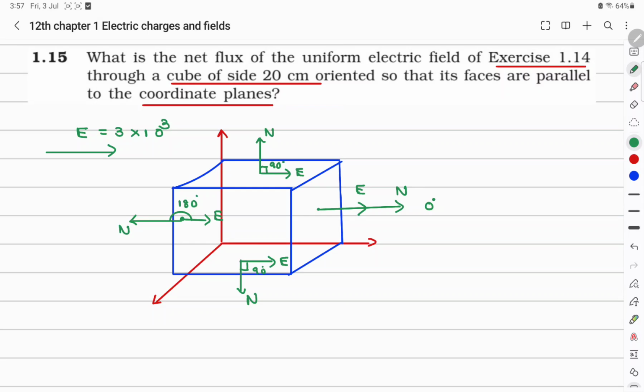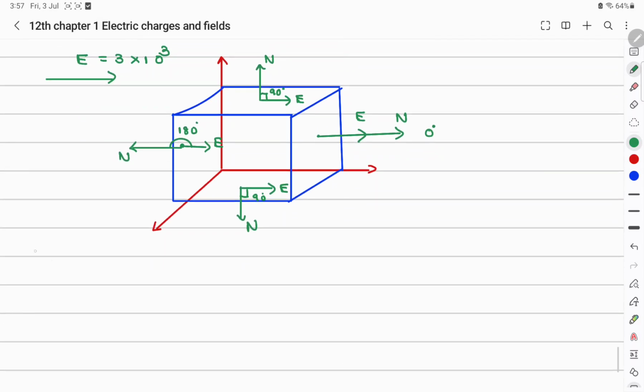So we know that the electric flux phi is equal to E dot A, or otherwise E A cos theta.